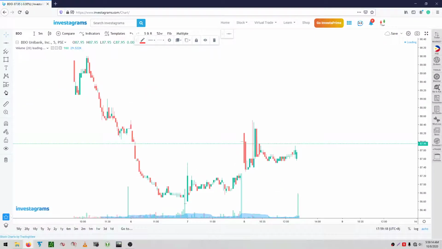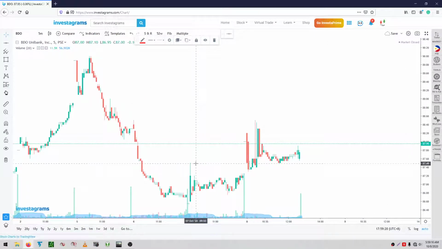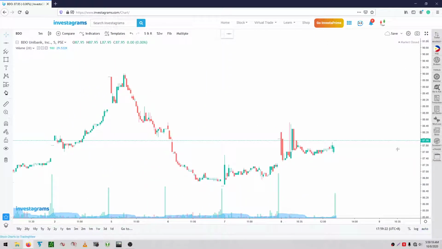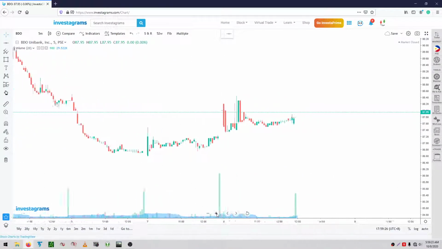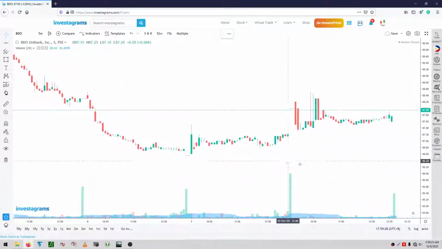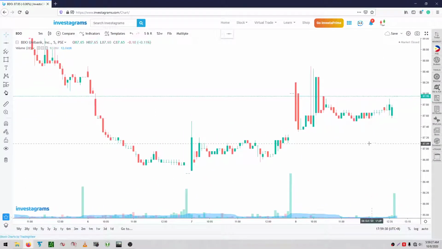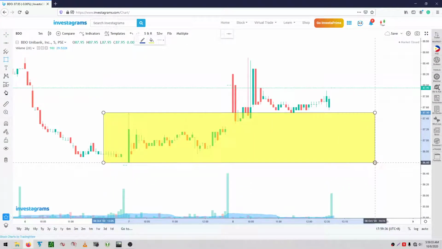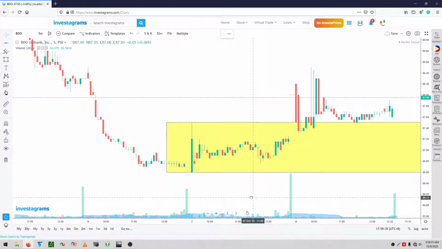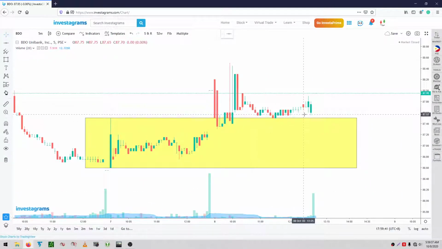BDO. If you take a look at BDO on the 5 minute chart, it's like it's developing a zone area. Okay, now it's trying to go down.